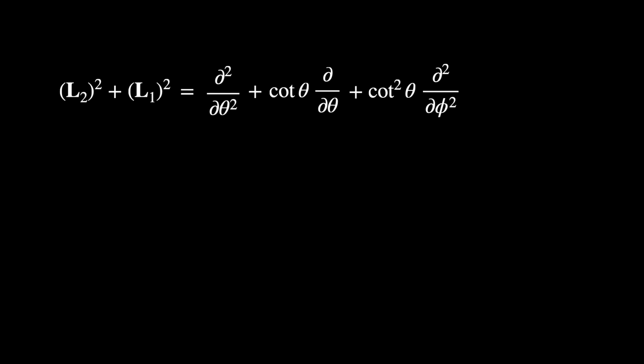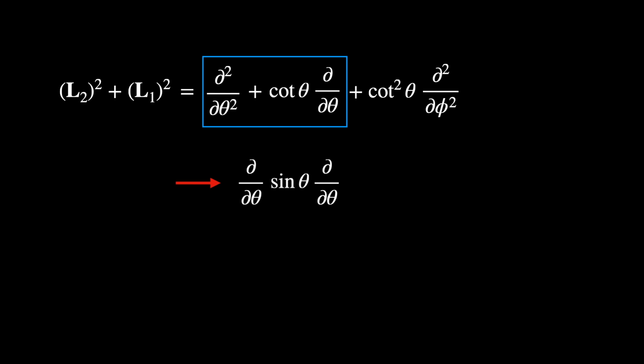Let's see if we could combine terms like the ones in the blue box into a single term. Since this has two derivatives of theta and has in the cotangent a sine theta, we may try something like this, which gives... This is already looking like the blue box. Dividing by sine theta will do the trick.